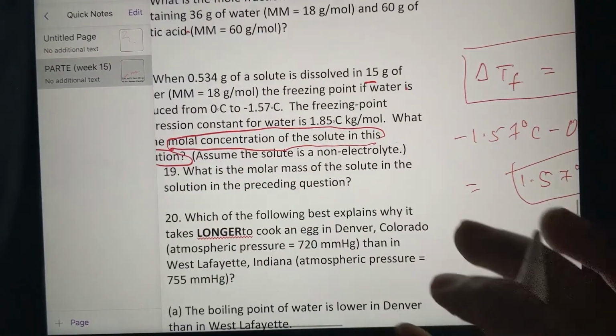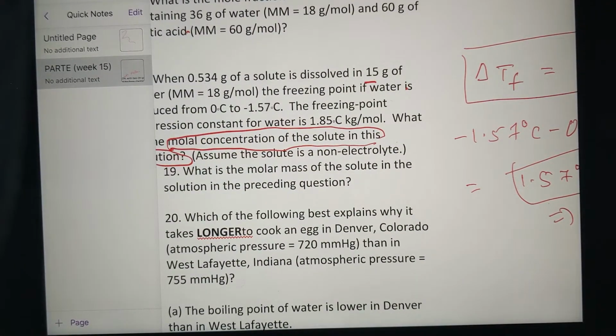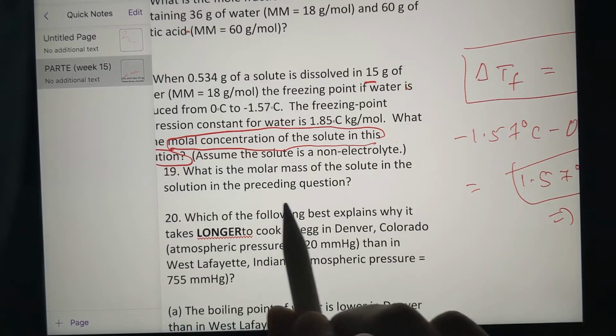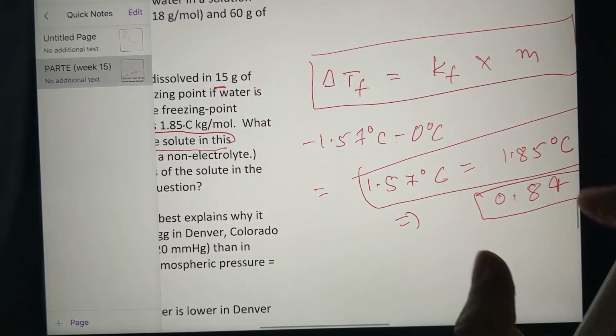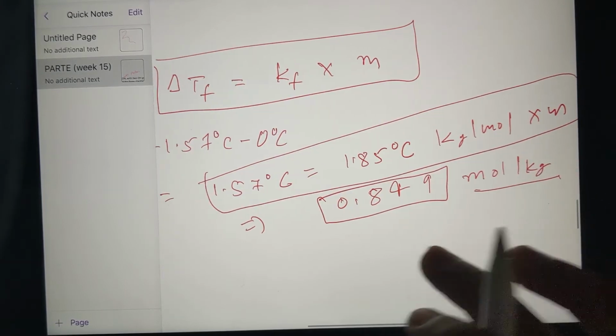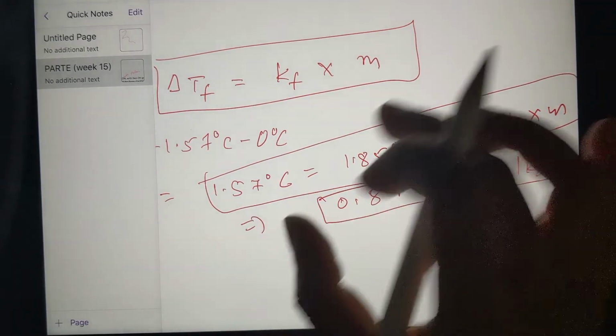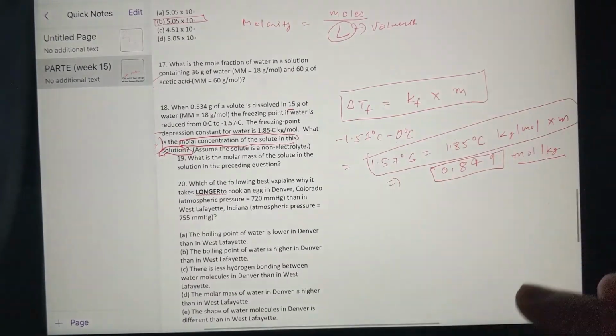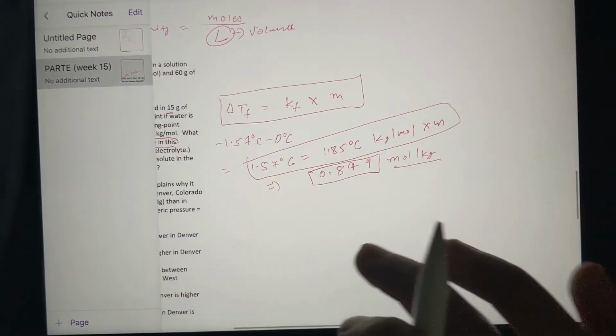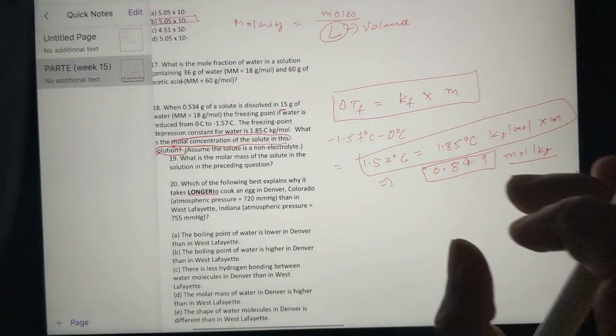Okay. Next question is asking what is the molar mass of the solute in the solution. Okay, so the answer that you got here is the molality. It's mole per kg of solvent. So how do you calculate the molar mass of your solute from here?